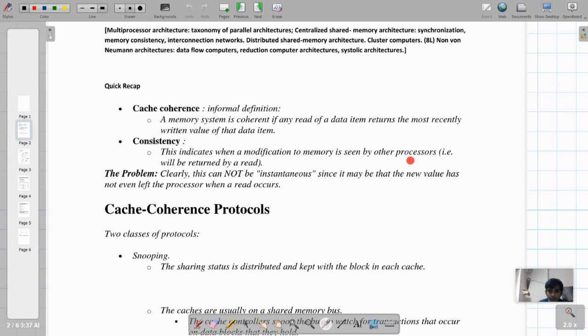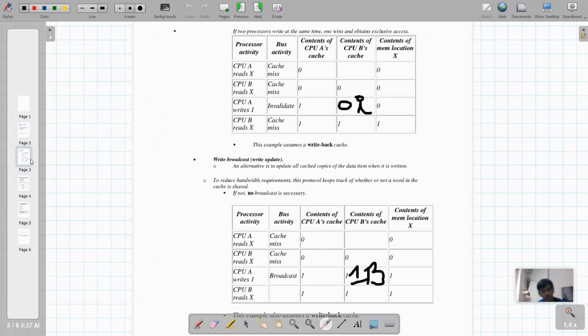Modification to memory is seen by other processors. That means here you have been able to solve the inconsistency problem also. How? The memory modification by processor A is now visible to all the processors. So the inconsistency problem in this way has also been solved.